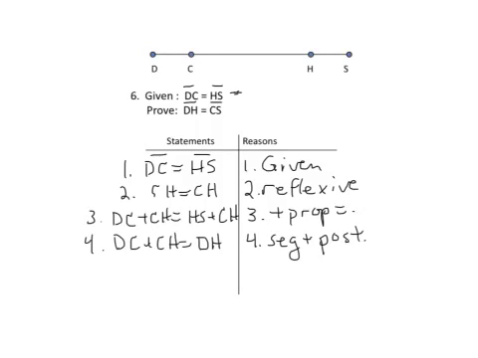And here we have HS plus CH, so let's use the segment addition postulate again and say that HS plus CH is equal to line segment CS, all under segment addition postulate.